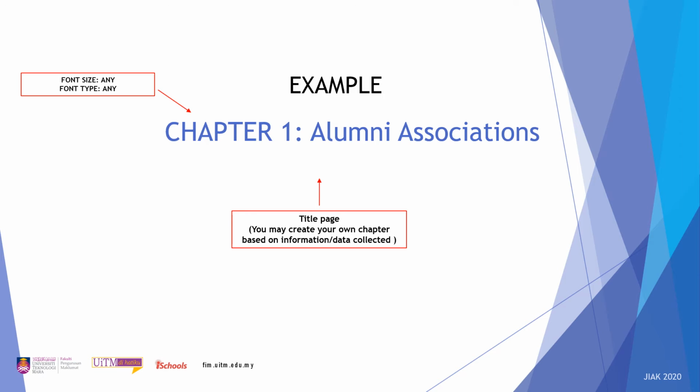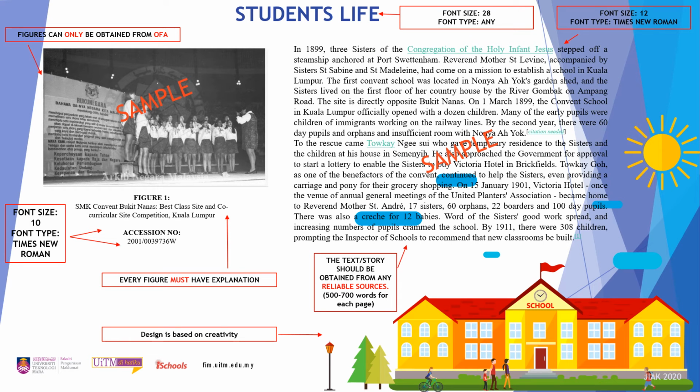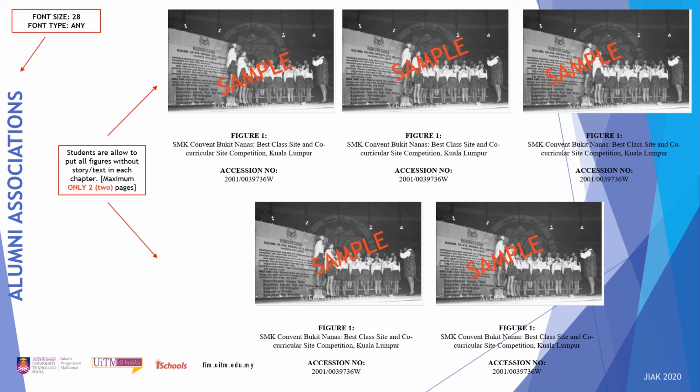The content of this chapter, of course, should be all the information related to the alumni associations of that particular school. This one is the first chapter. Again, as I mentioned, you need to provide at least 5 chapters. There is no essay or lengthy information about the picture. Only the picture is on this page.